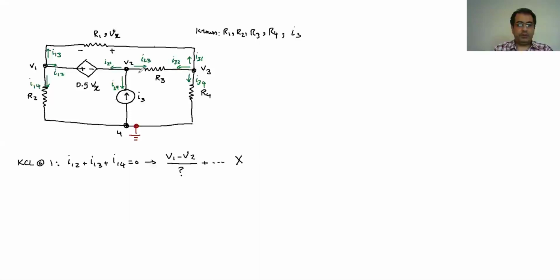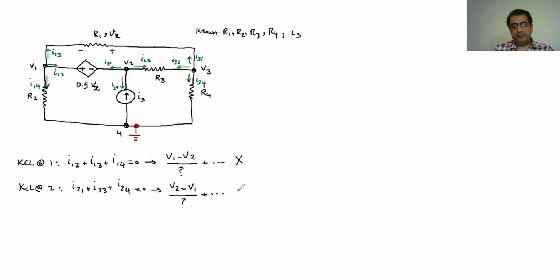The same if I write the KCL at 2, again it's going to be I21 plus I23 plus I24 is 0. And then for I21, again, I'm going to get V2 minus V1, and then I don't know the resistance here.